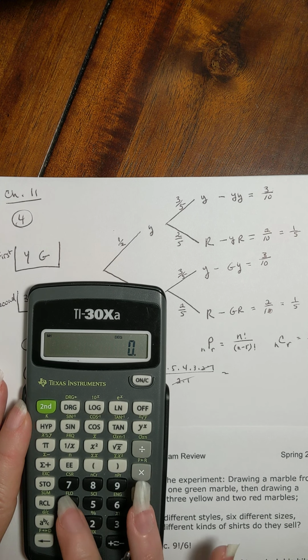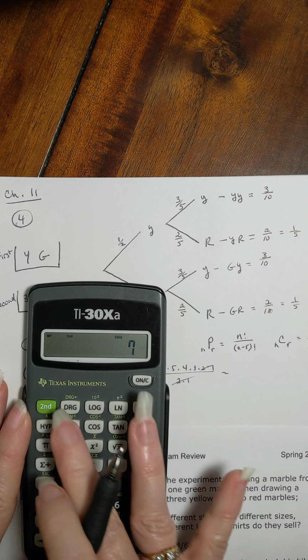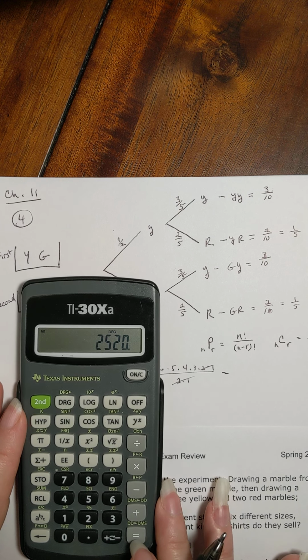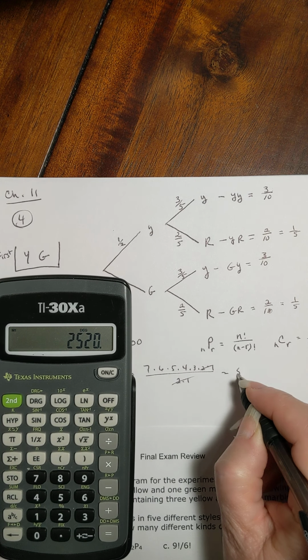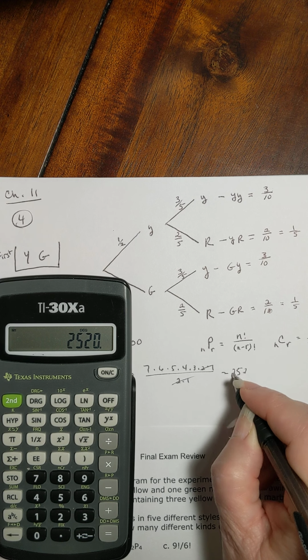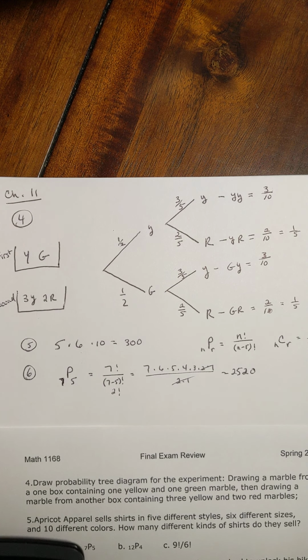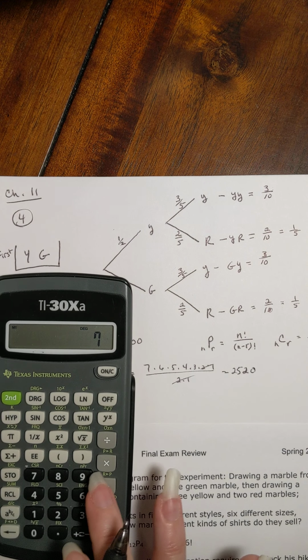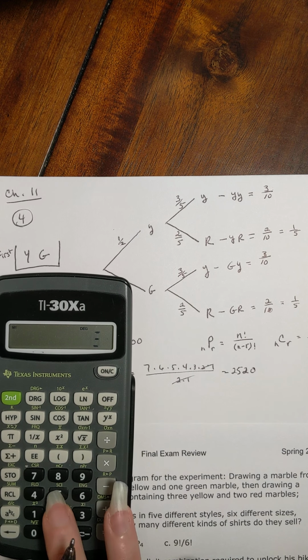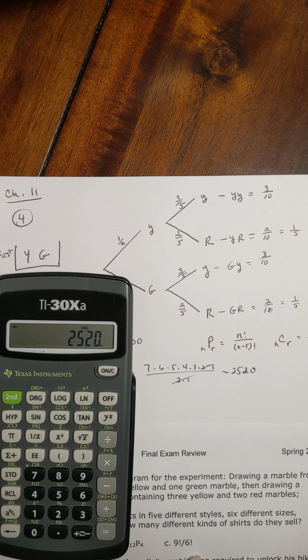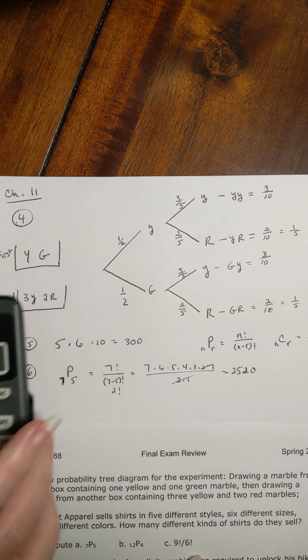So I'm just going to go 7 nPr 5. So this gives me 2520. All right, so that is that. Or I can do 7 times 6 times 5 times 4 times 3 equals 2520. All right?